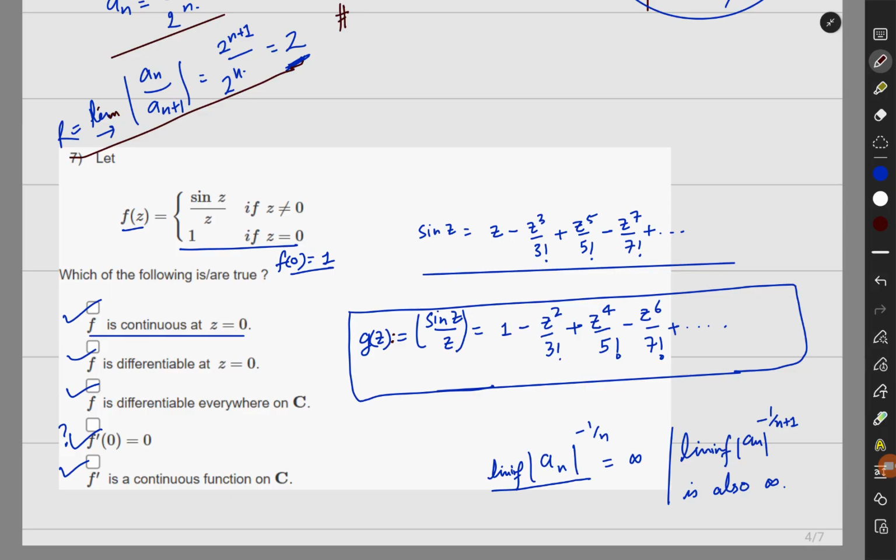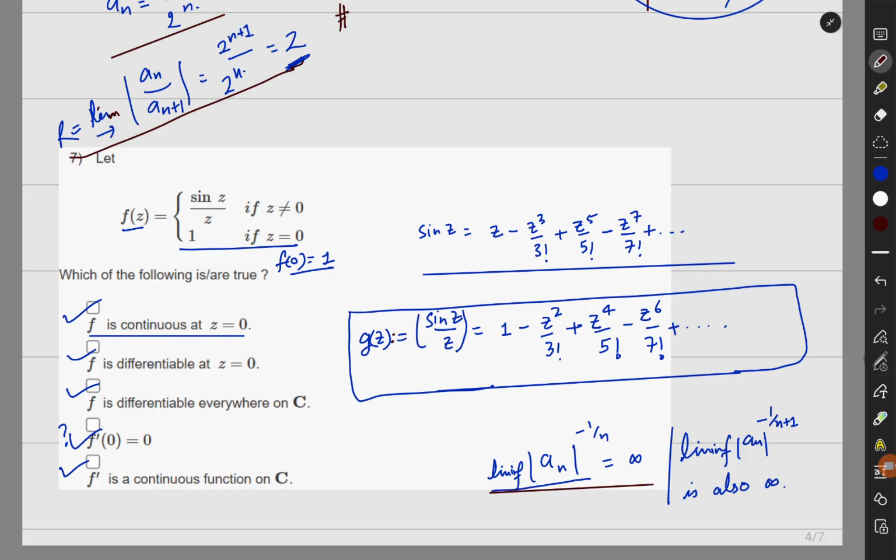Now the important thing is that in this way the power series has almost the same coefficients. The coefficients are not changing, but they are changing their places. So the limit of the modulus of a_n to the power minus 1 by n, if you calculate that value, here it is written.